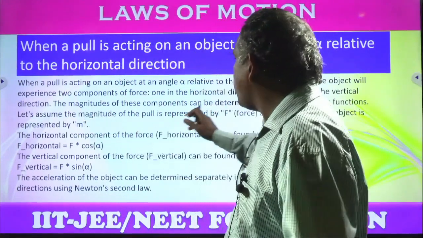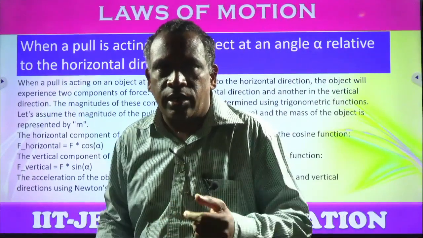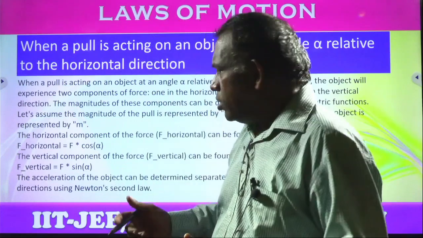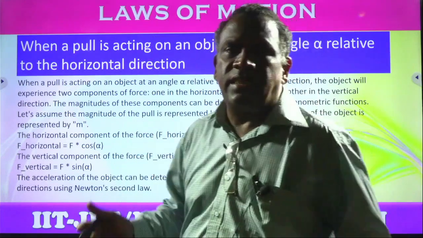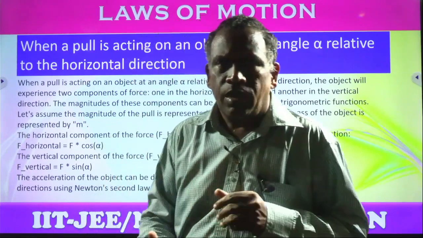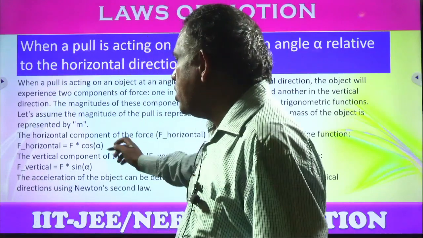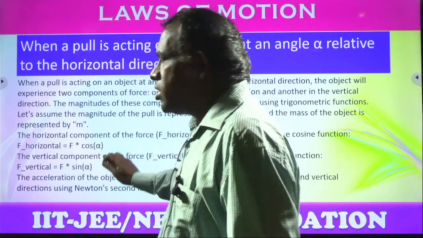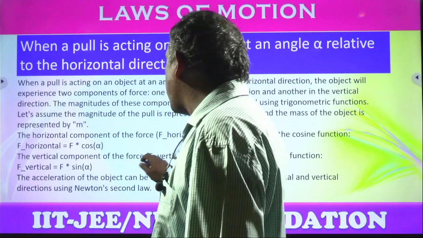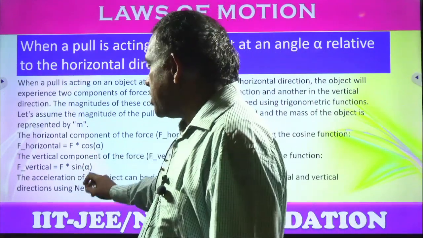The magnitude of these components can be determined trigonometrically, using functions like sin alpha and cos alpha. Sin alpha we take as the vertical component, cos alpha as the horizontal component. The horizontal force is F cos alpha. The vertical component of the force can be found using F sin alpha.